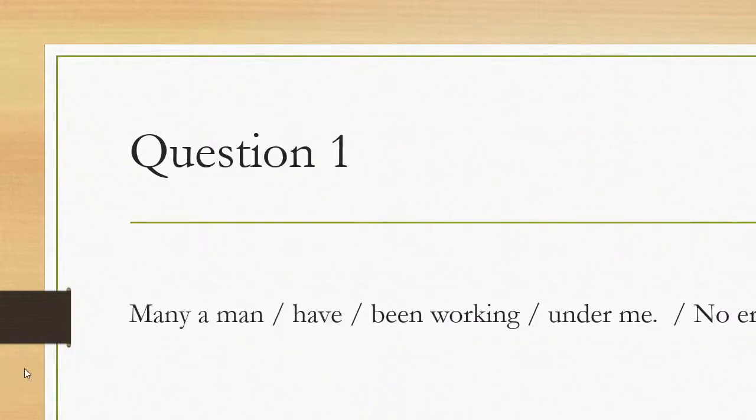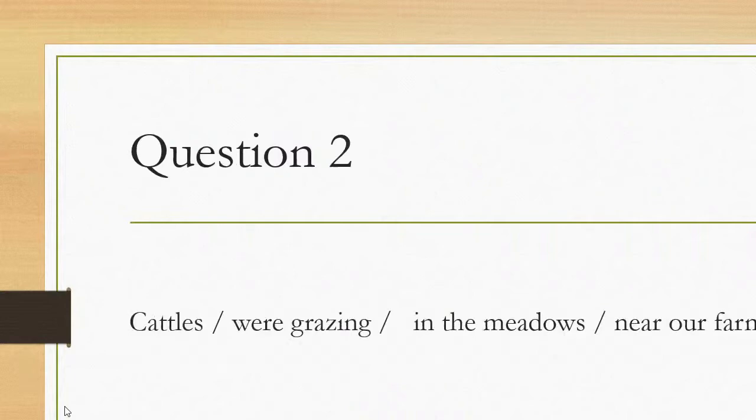Now, when we talk about "cattles were grazing in the meadows near our farm," you see this option called no error. Here you have to find out whether there is any error or not. You just have to read it once. The idea is you cannot take much time.